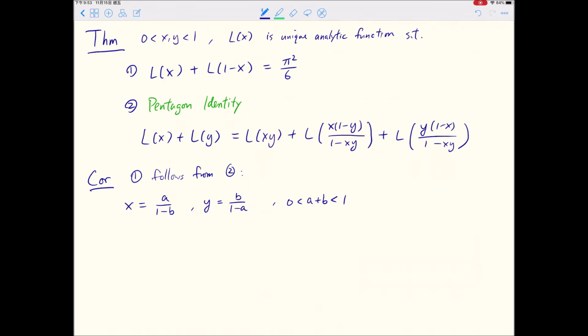And also let's say 0 is less than a. That's that one. Then if you rewrite this, what you get is called the Abel equation.